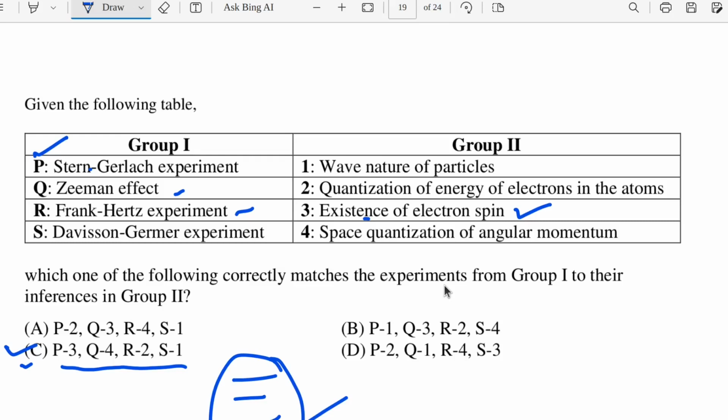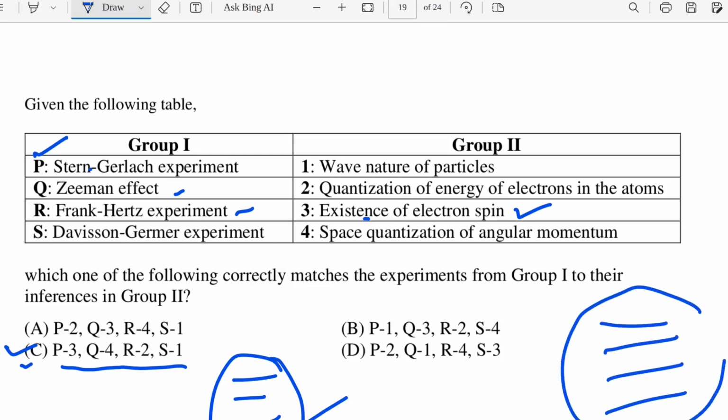That means the electrons can be written in a quantized energy level form. This is the first experiment to prove this statement. So what is this experiment? The experiment name is the Franck-Hertz experiment. So what will be the right answer for that? The Franck-Hertz experiment is giving the quantization of energy of electrons in the atoms.